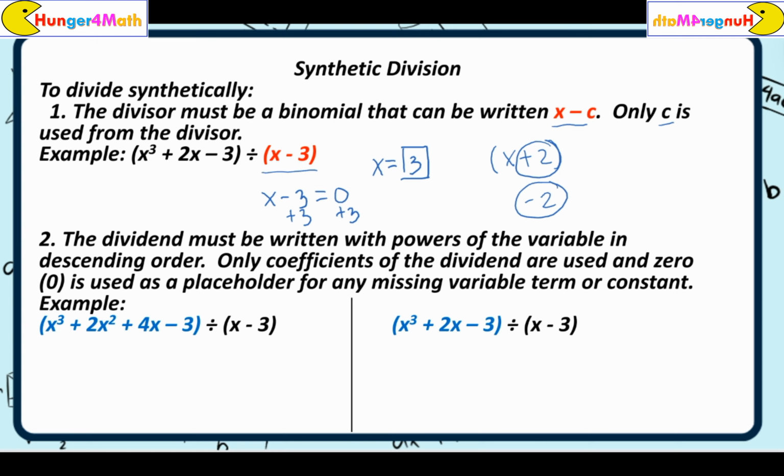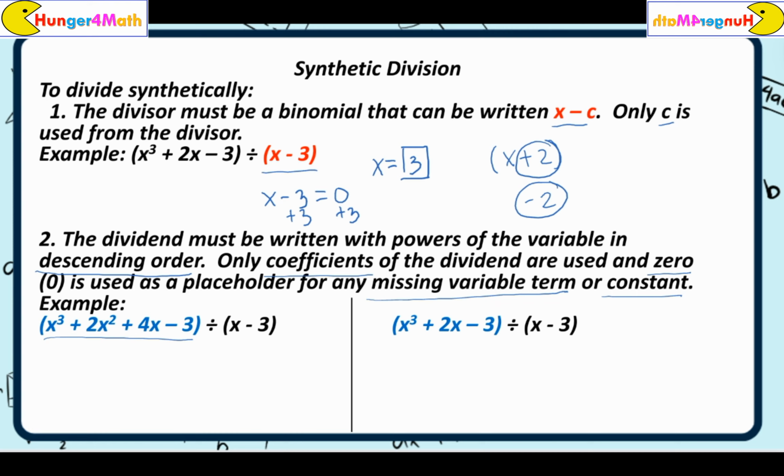Number 2, the dividend must be written with powers of the variable in descending order. Only coefficients of the dividend are used, and 0 is used as a placeholder for any missing variable term or constant. So for example, here we have x cubed plus 2x squared plus 4x minus 3 divided by x minus 3.